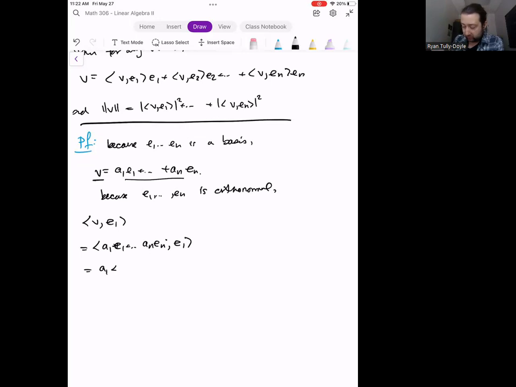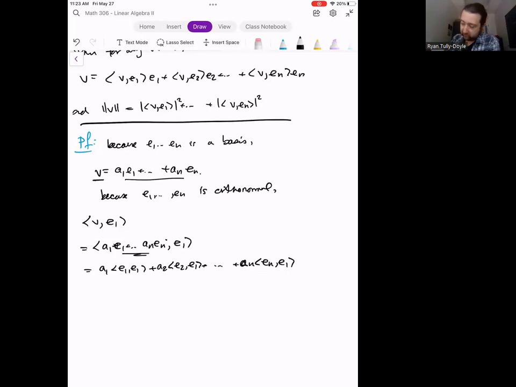A1 inner product E1, plus A2 inner product E2 E1, up to An inner product En E1. So I've just chopped up this expression and broken the inner product apart. But this is an orthonormal set.